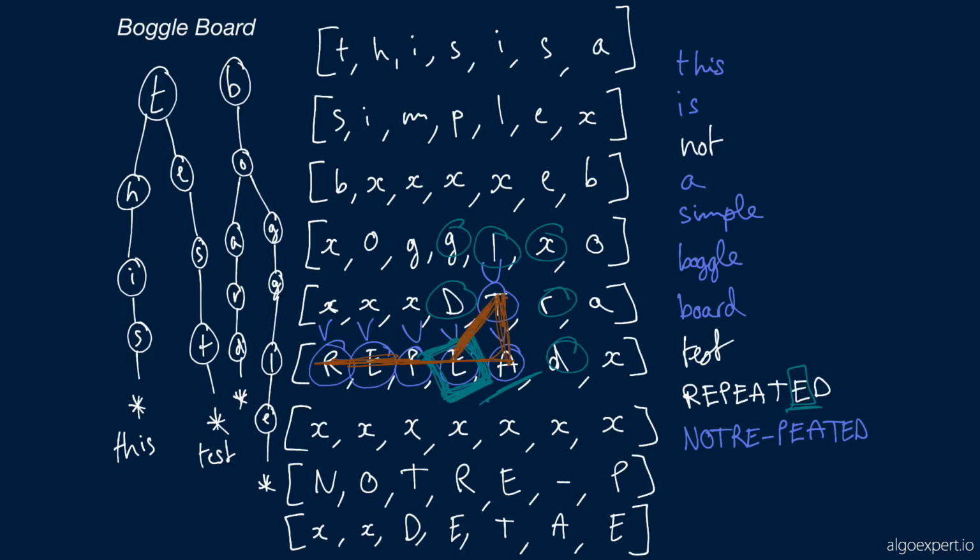We cannot go back to it. And so that's how, with this algorithm, we're going to be able to avoid wrongly or erroneously marking a word like this repeated word here as a word that's contained in the boggle board by keeping track of these visited nodes in the algorithm with an auxiliary data structure, an auxiliary matrix.